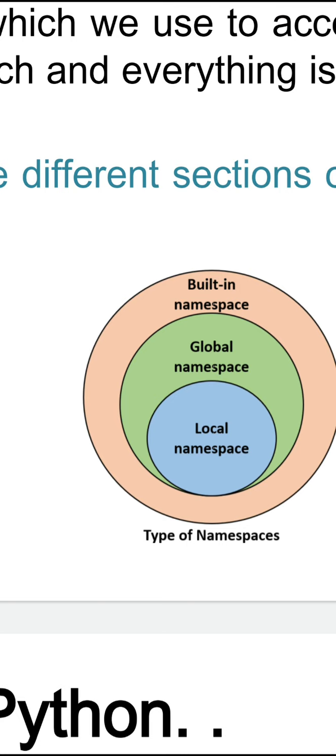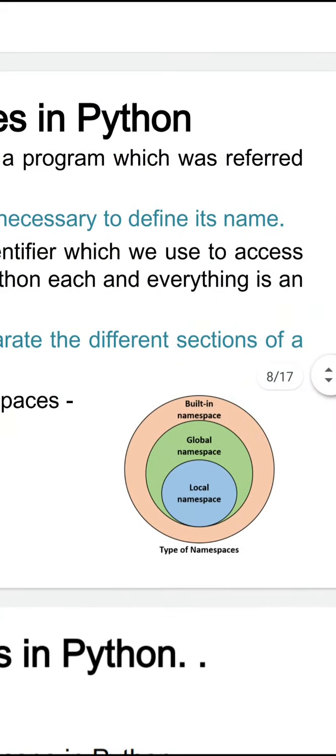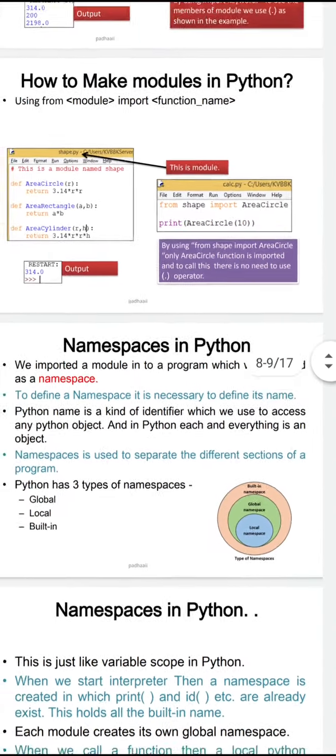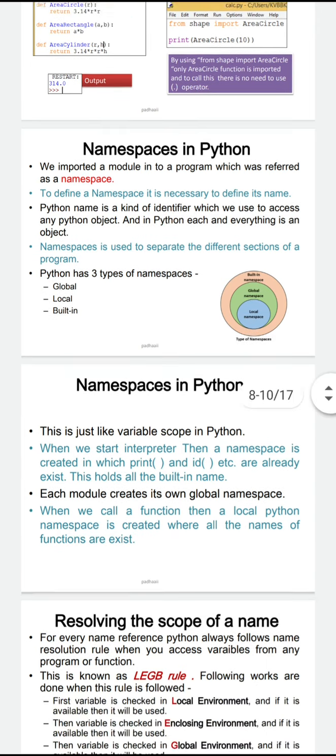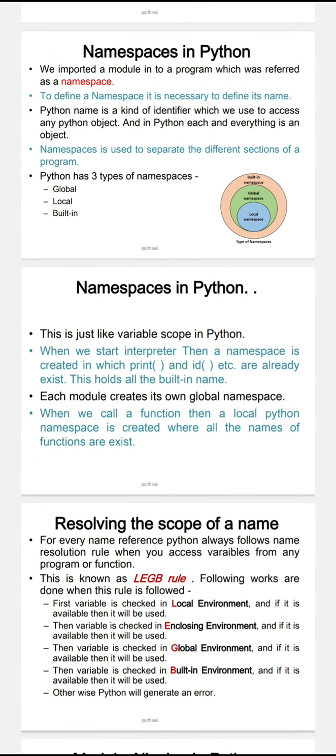This is nothing but the area in which the functionality will be available for accessing within the local file, or within one particular folder, and otherwise it could be available wherever it is called. Namespaces in Python are just like the scope of a function.